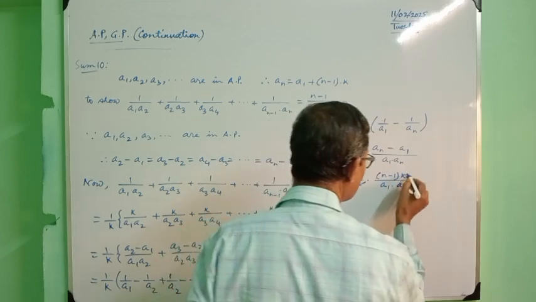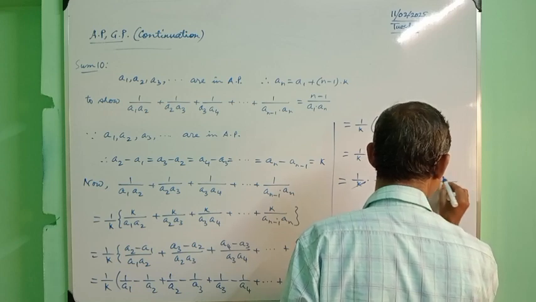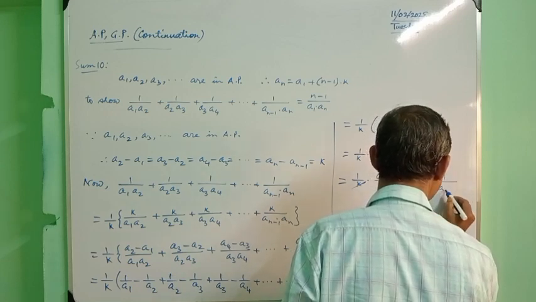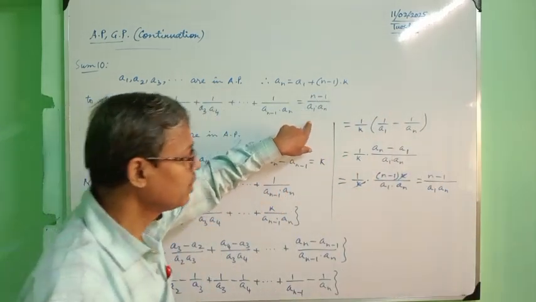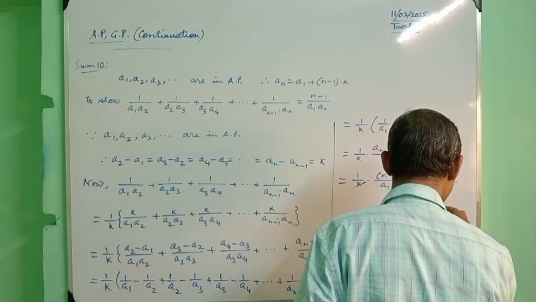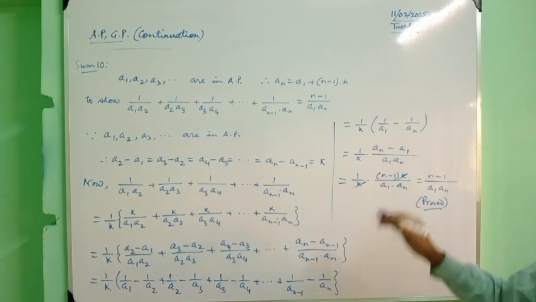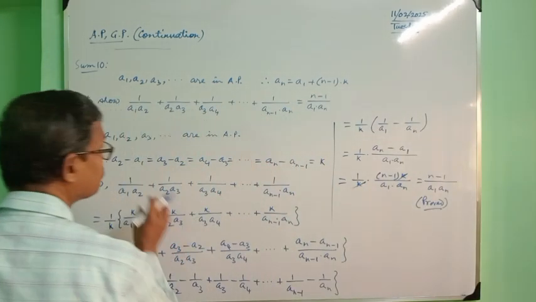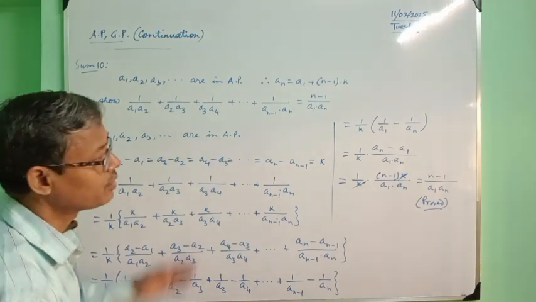Now these k's are cancelled and finally we get n minus 1 divided by A1 AN. You see, this is to be proved. Therefore, we have proved the relation. Follow the steps, and these steps are very important. Thus, the sum is solved.